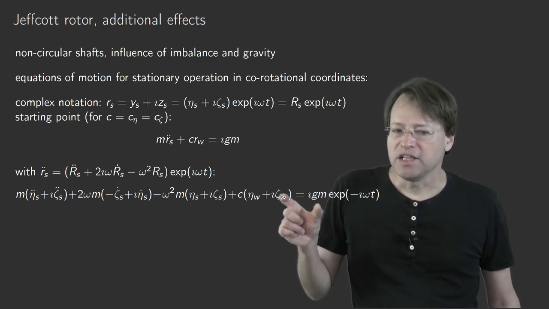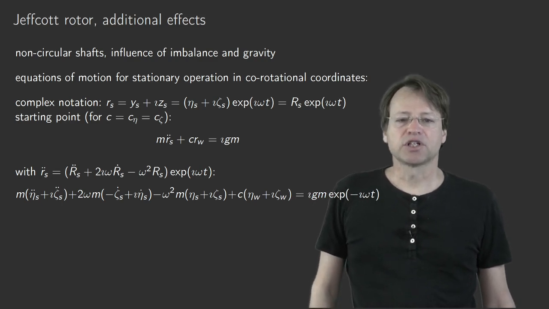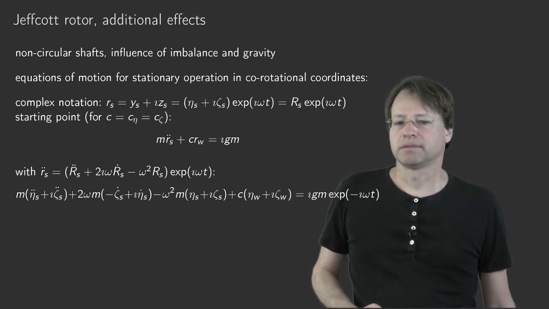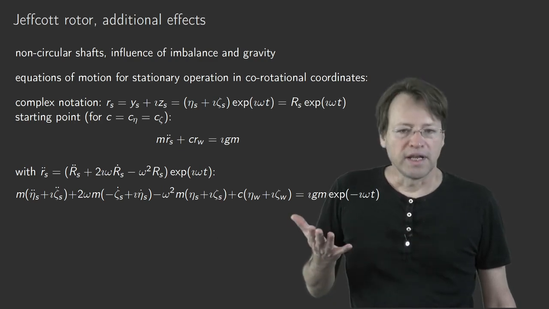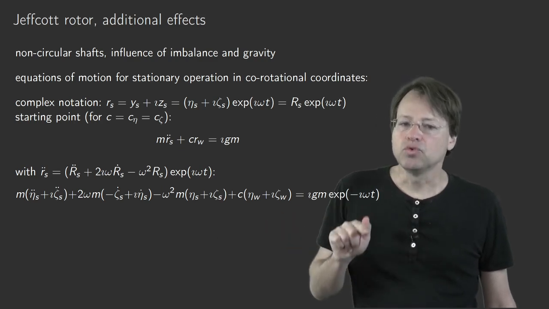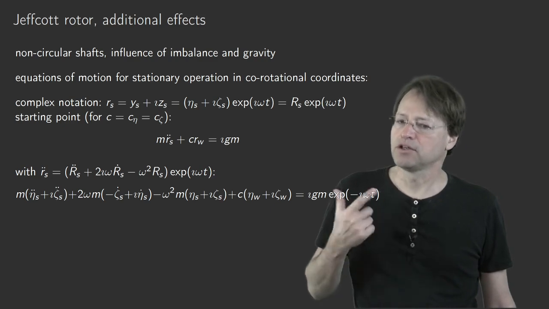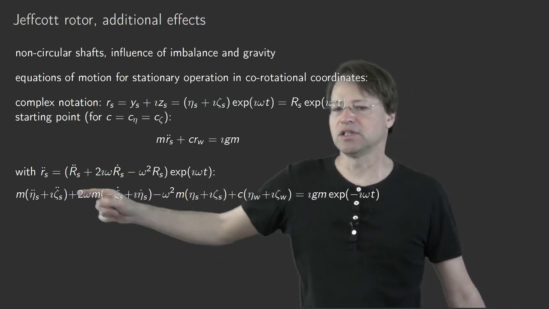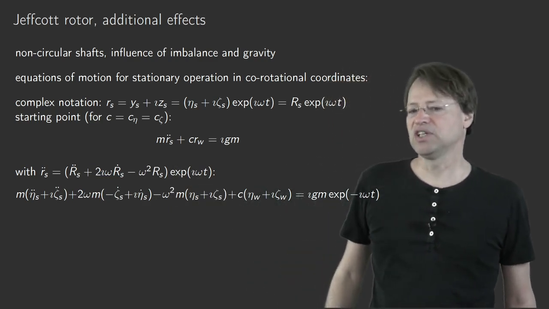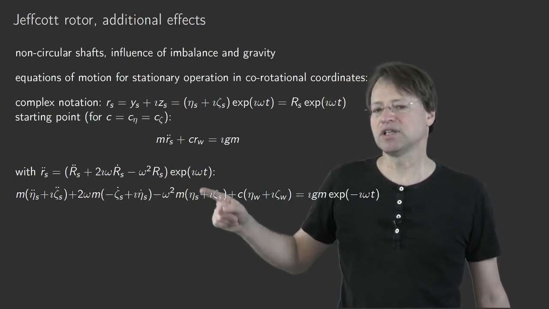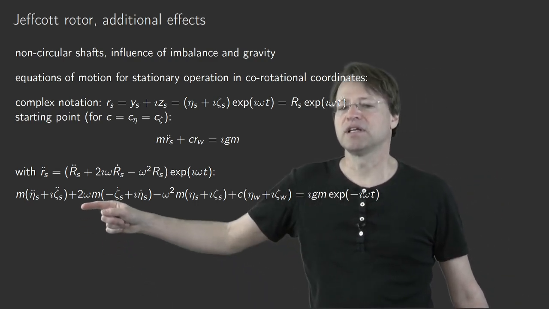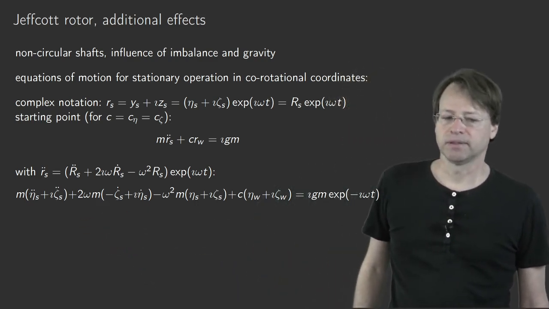Now we are at the place where we can separate this equation into its real and its imaginary part. So we can split that equation into 2 equations of motion. One equation of motion should govern eta. So you can see it will start with the second derivative of eta, which will be the real part of this equation here. And the second one will deal with the imaginary part and will govern zeta s.